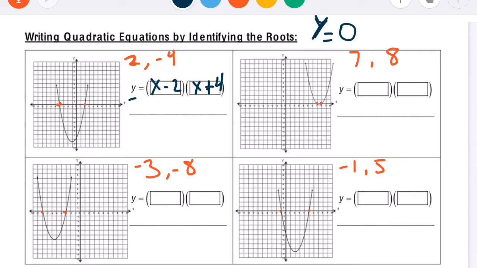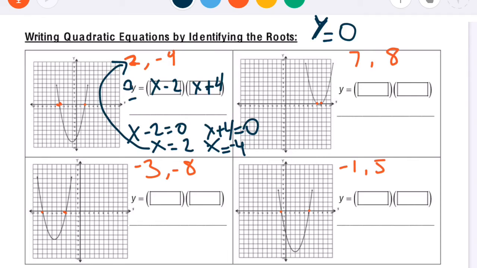So if we set our factors both equal to 0, x minus 2 equals 0 and x plus 4 equals 0, and we solve this, we would get x equals 2 and x equals negative 4. That is what we got originally with our roots. So that is kind of why they take the opposite signs.